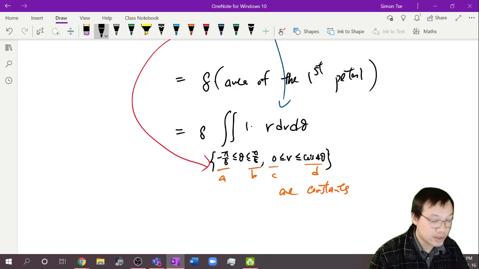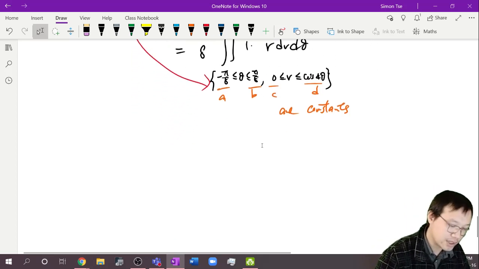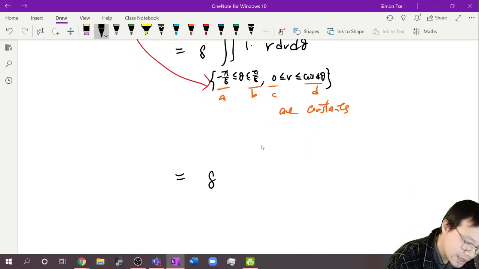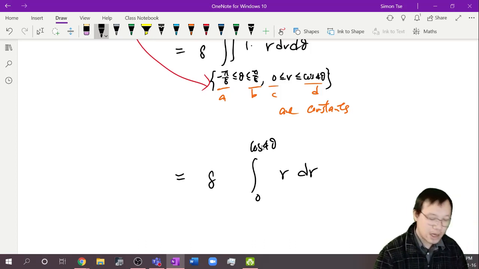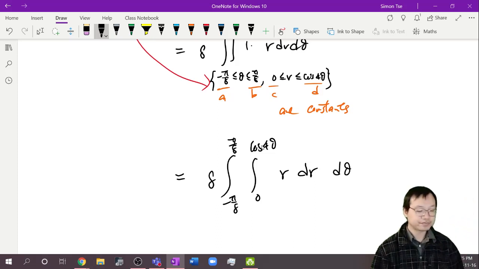You can also split integrals when your integrand is a product of functions in one variable only. So this is exactly what we will do. I'll just write an integral for r, from 0 to cosine 4 theta, of r dr. And there's an outer integral, from minus pi over 8 to pi over 8, d theta.